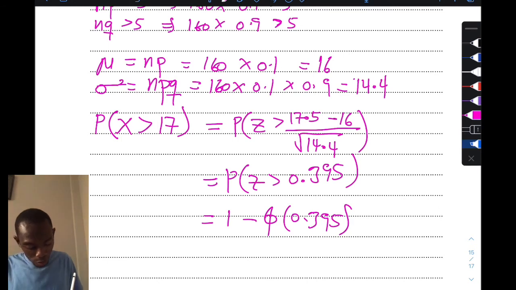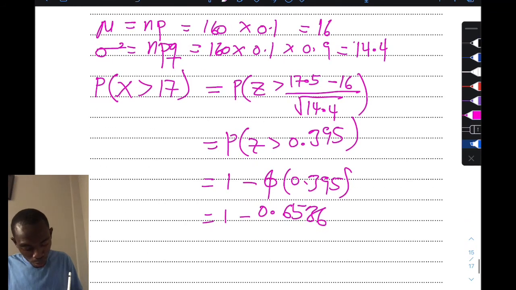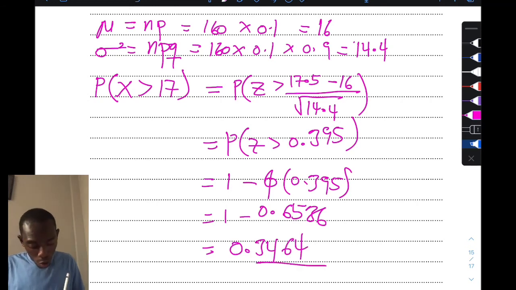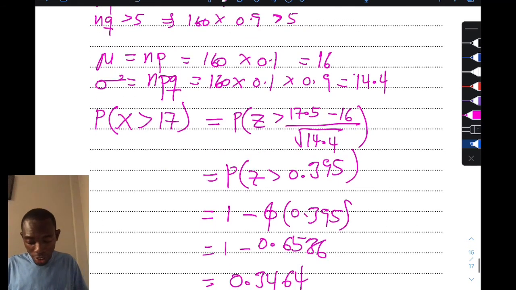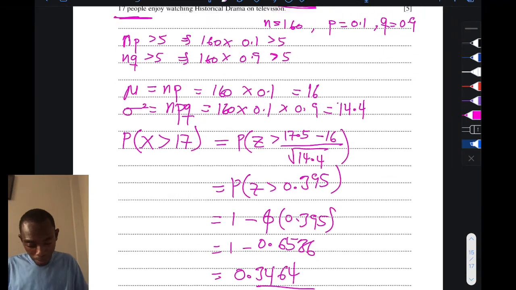Okay, so that means we have 1 minus 0.6536. So put that on the calculator, 1 minus 0.6536, and that, ladies and gentlemen, gives us 0.3464.